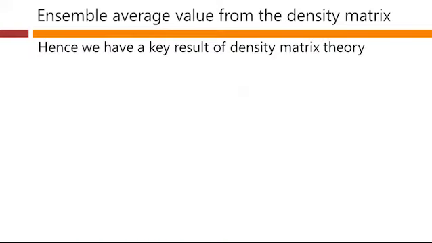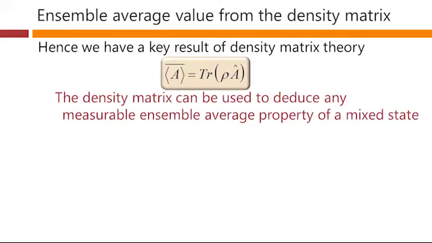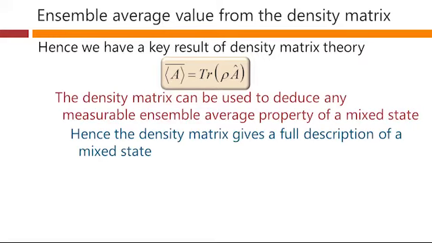Hence, we have a key result of density matrix theory: the ensemble average of the expectation value of A is just the trace of rho times the operator A. The density matrix can therefore be used to deduce any measurable ensemble average property of a mixed state.